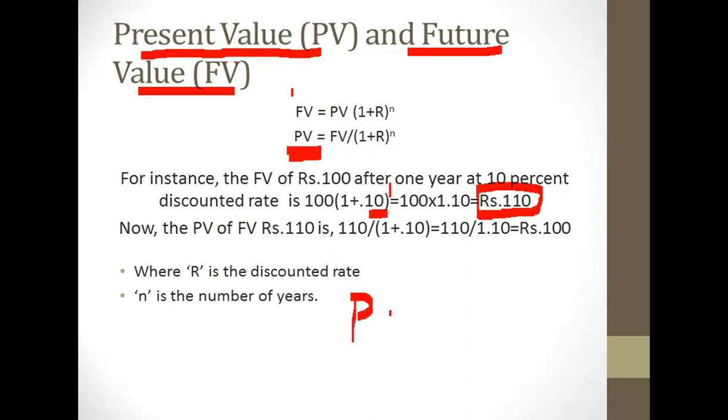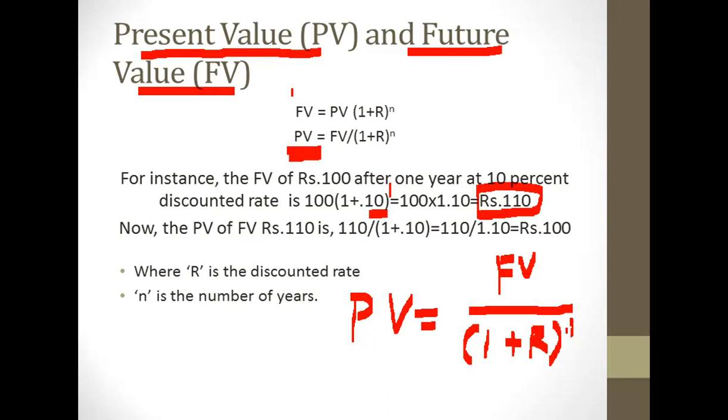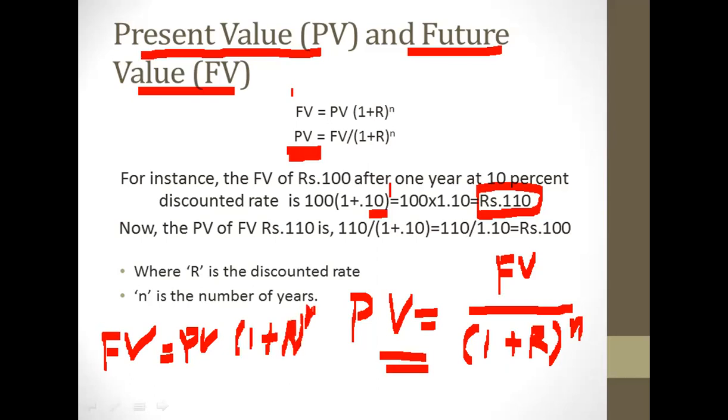So present value is equal to future value divided by 1 plus R, where R is the discount rate or rate of interest, raised to N. So this is how we find the PV, and FV, as we have seen, is equal to PV, present value, into 1 plus R raised to N. So this is the future value of the money, and this is the present value of the money.